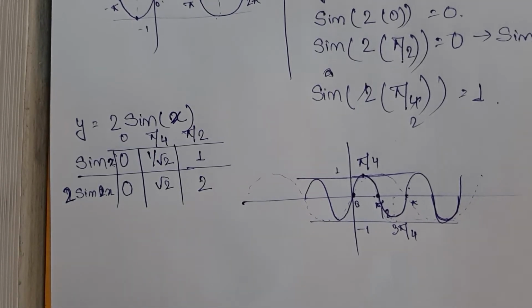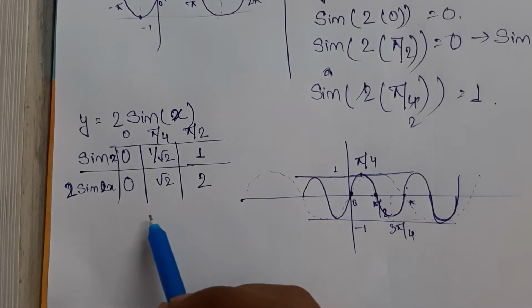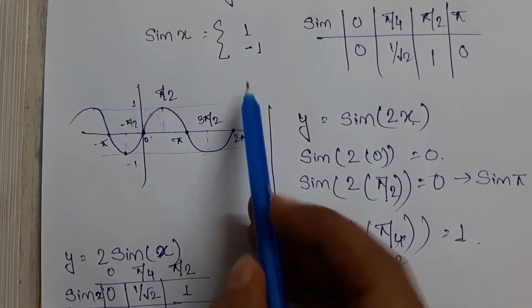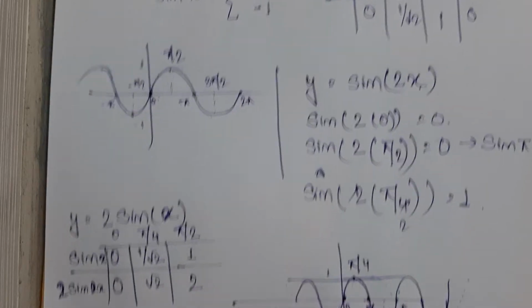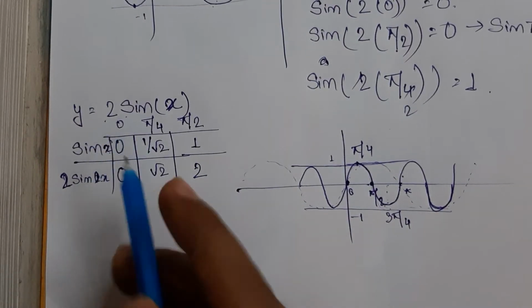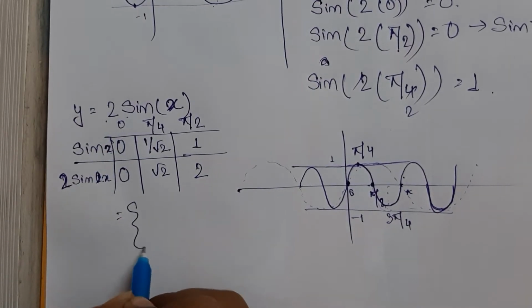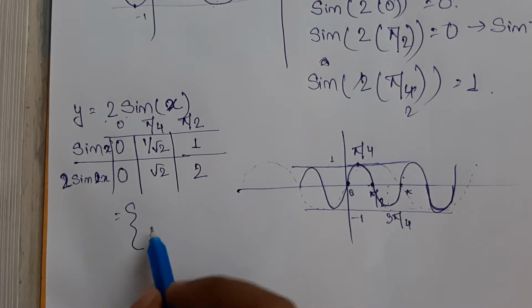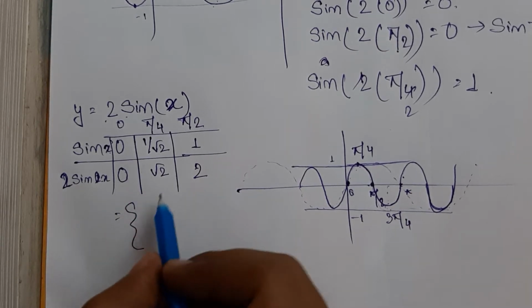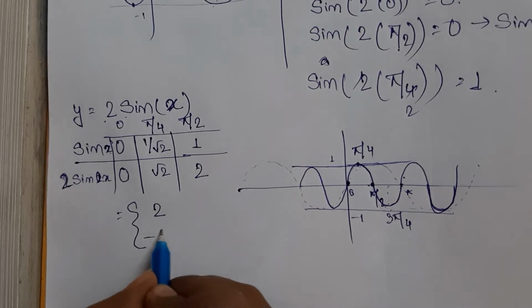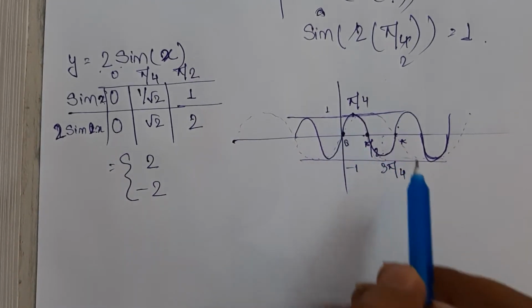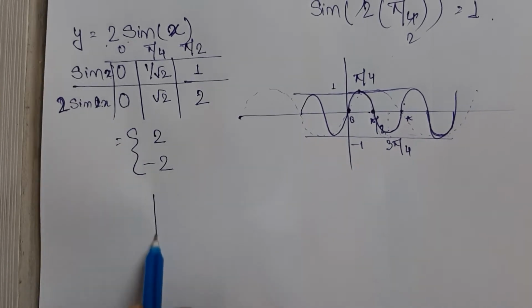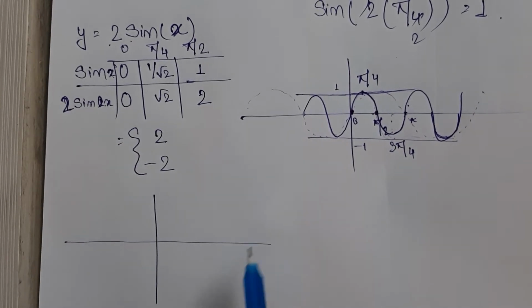So what can we see now? Here, as I have told, the amplitude will range from 1 to -1, right? When we are giving 2 sin x, the altitude will differ from 2 to -2. Means, here it is a change in frequency, here we will get to see a change in altitude.